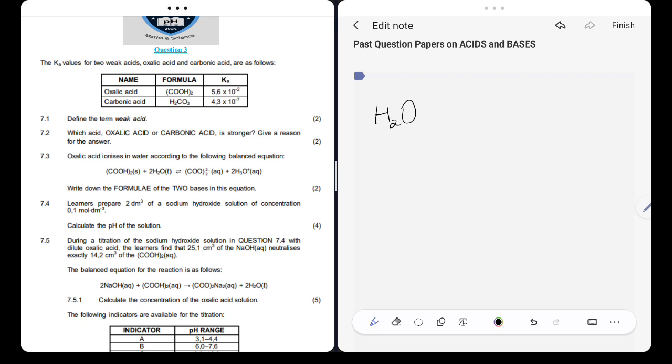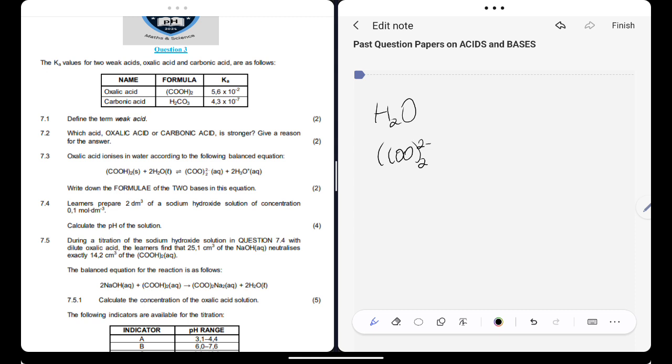Then we have (COO)2 2-, and it will later become (COOH)2. That means (COO)2 2- is the base because it accepted 2 protons to become oxalic acid. So another base that we have is (COO)2 2-.